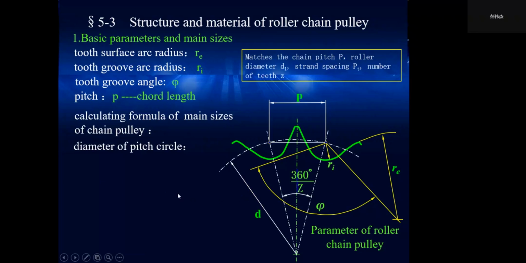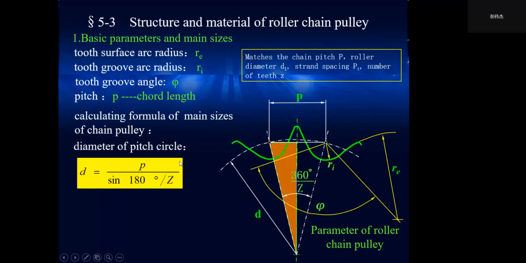So the diameter of the pitch circle d can be calculated by this formula. d is equal to the pitch P divided by sine of 180 degrees over z. z is the number of sprocket teeth, and this is the angle of this, and 180 degrees over z is half of this angle itself.